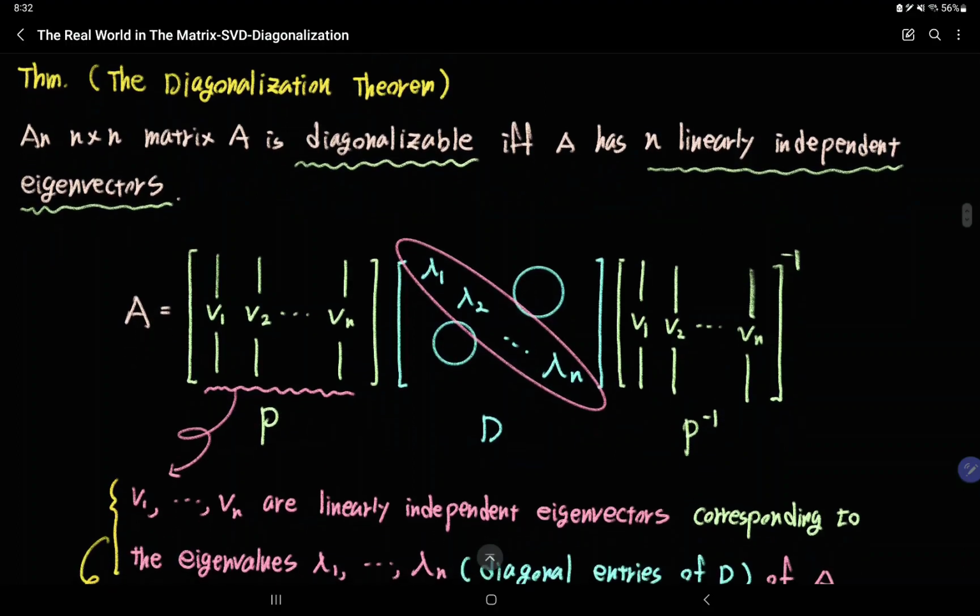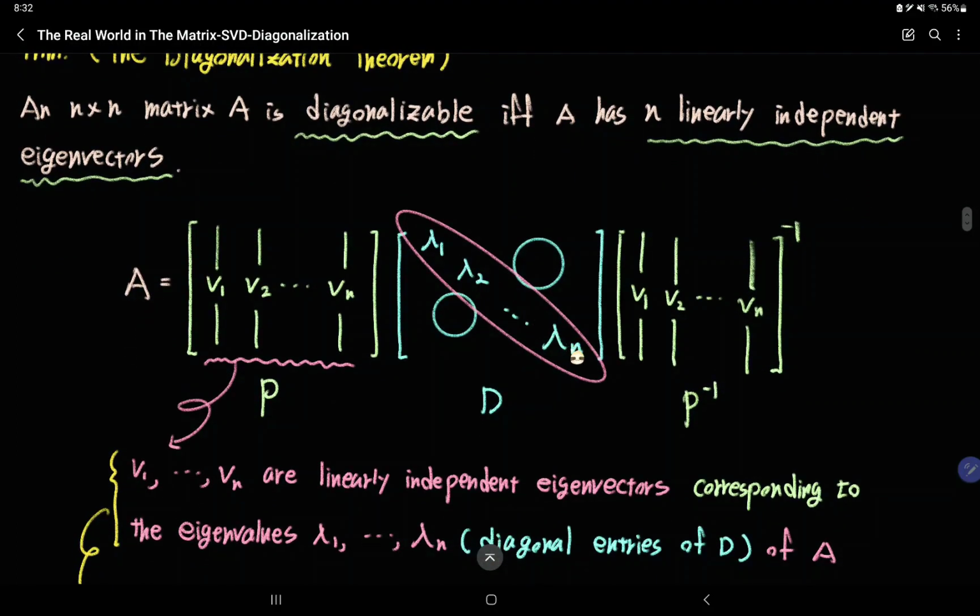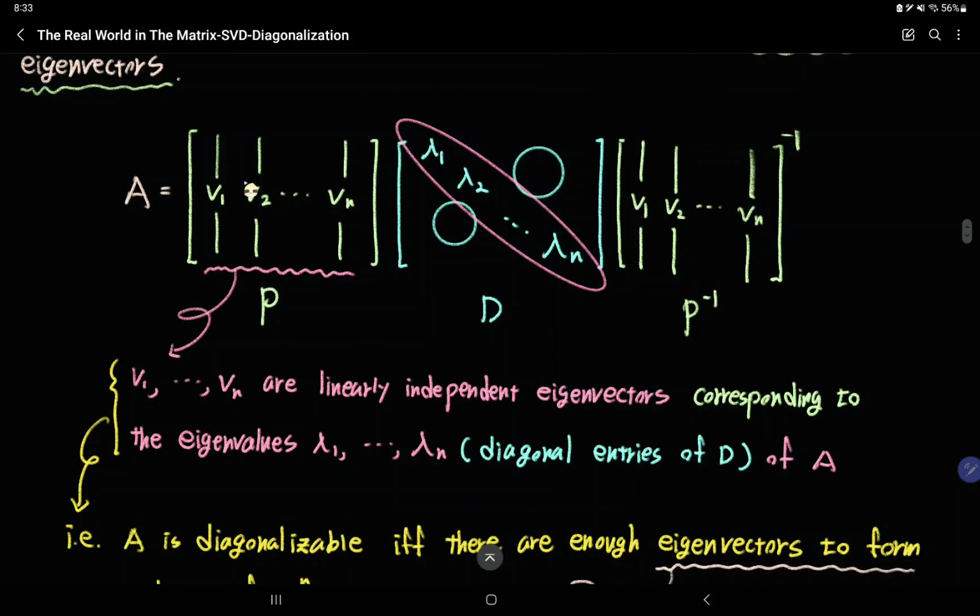It turns out that the diagonal entries are eigenvalues, and the columns of matrix P are eigenvectors corresponding to these eigenvalues, which are the diagonal entries of matrix D. And these columns of matrix P are not just eigenvectors, but linearly independent eigenvectors.